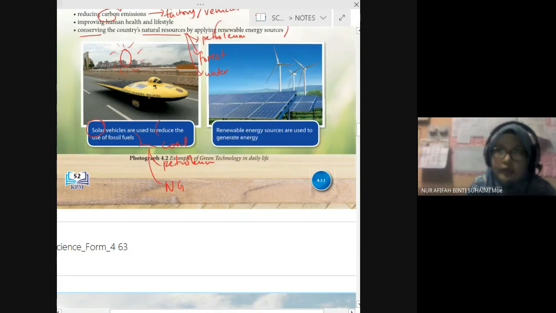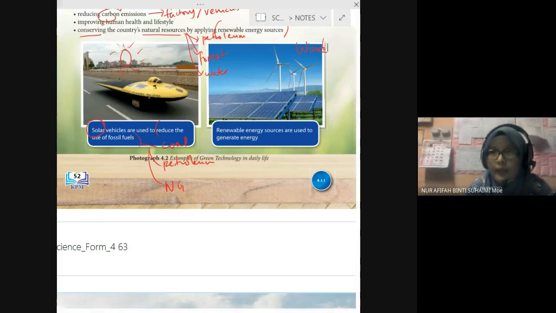Okay. Other than solar energy, we can use wind energy. Wind energy. Windmill. Renewable energy sources are used to generate energy. What type of energy? Electricity.